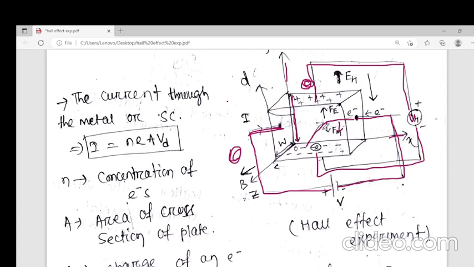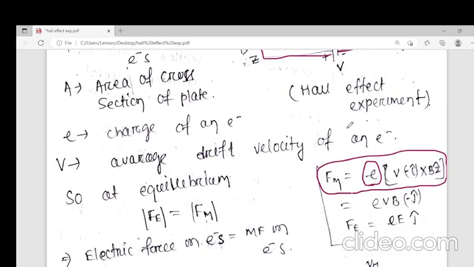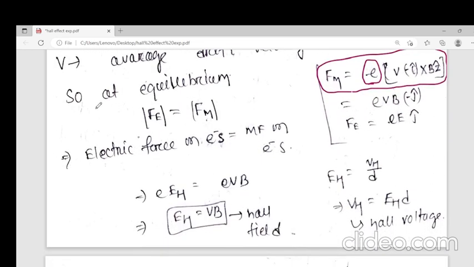Okay, at some instant equilibrium arises. So at that equilibrium point, let's see what happens. At equilibrium the electric force magnitude will be equal to the magnetic force magnitude. That means the electric force on the electrons will be equal to the magnetic force on the electrons.